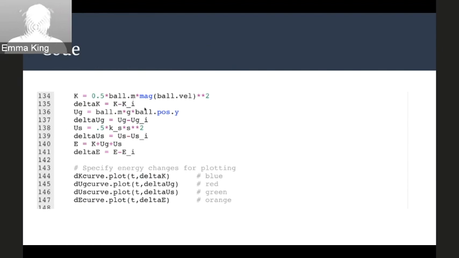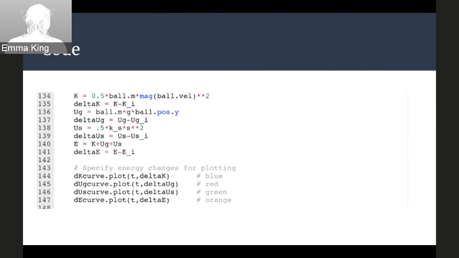Then we calculate delta T and all of these equations I've already said. So we have delta UG, the gravitational potential energy, delta US, the spring potential energy, and delta E total, which is E minus EI, the final energy minus the initial energy.